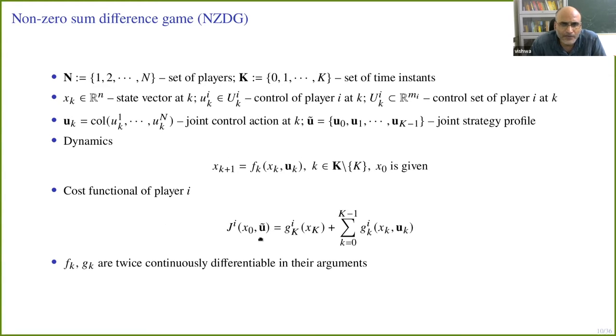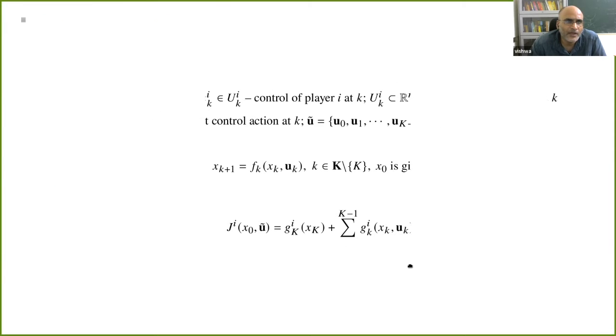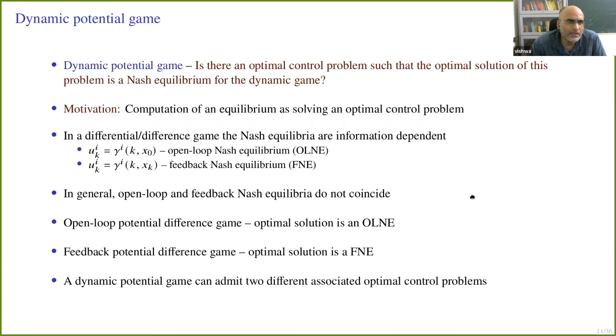And the cost functional of player I is given by this equation. And here I assume that f and gk, I mean, these functions are twice continuously differentiable in their arguments.